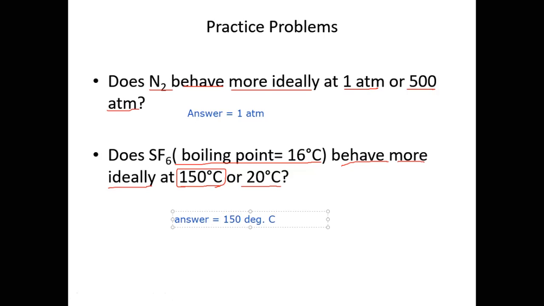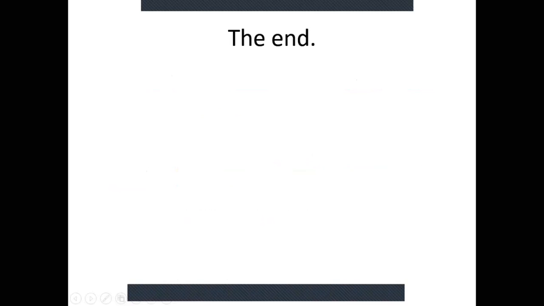And so this brings us to an end to chapter 5. From chapter 5, we learned about the individual gas laws. We learned about ideal gases and the ideal gas equation, and other derivations of the ideal gas law, so we can calculate the molar mass of the gas or the density of the gas using the ideal gas equation.